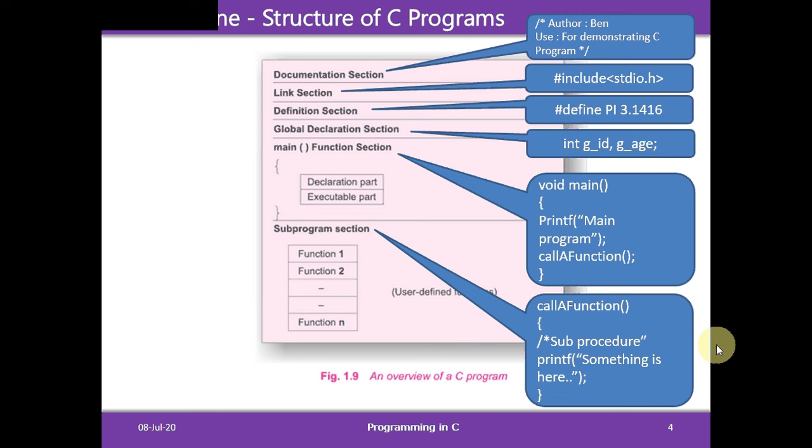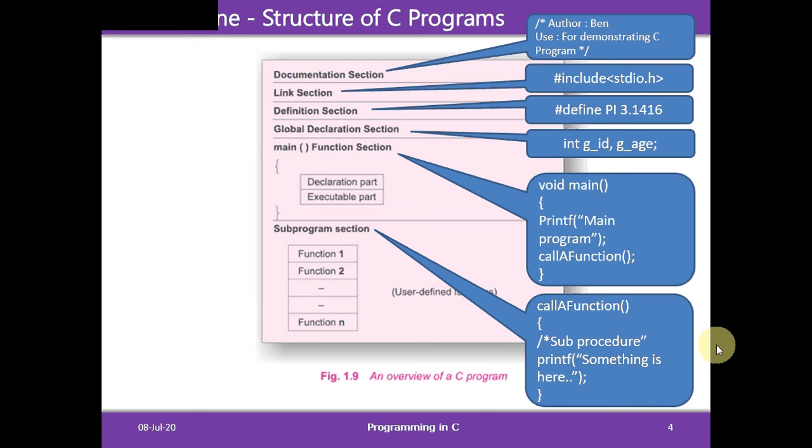In the link section, it is mainly used for linking many external programs or external libraries in your C program. It can be done using hash include statements, so you can include any header files. The header files are another part of the C language.